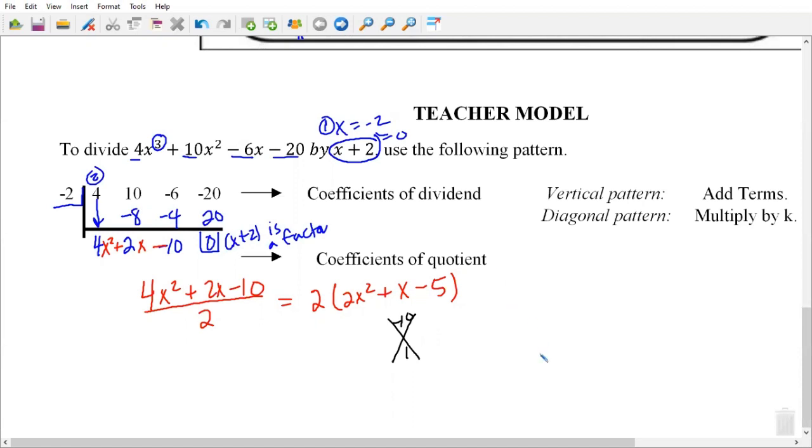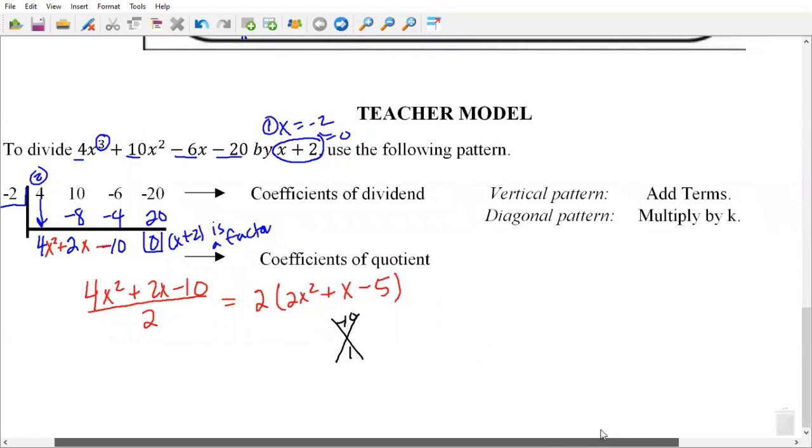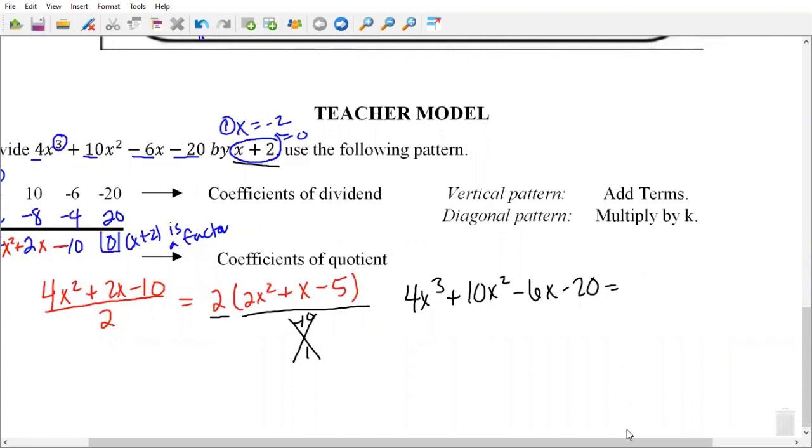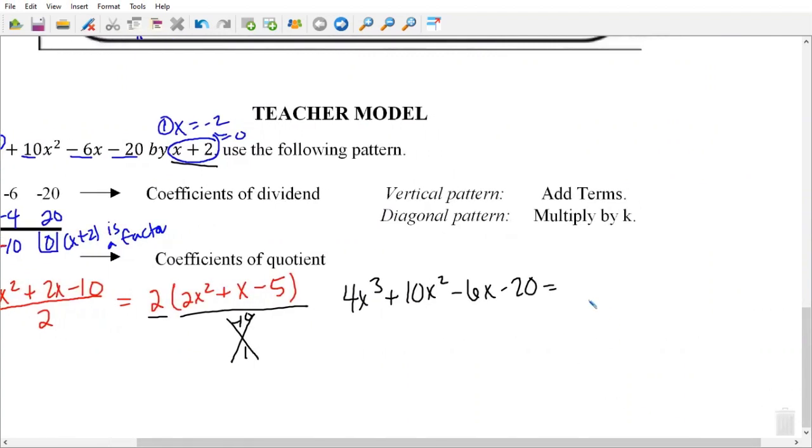So in the end, depending on what I'm looking for, I know that 4x cubed plus 10x squared minus 6x minus 20 equals all my factors: 2 times x plus 2 times 2x squared plus x minus 5.